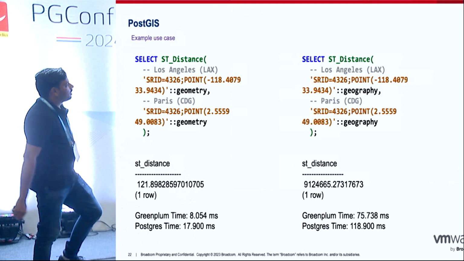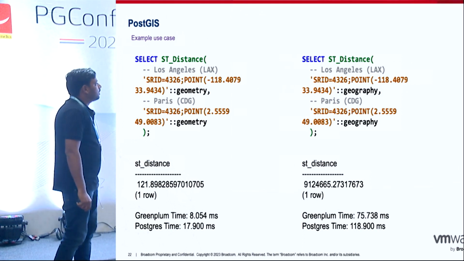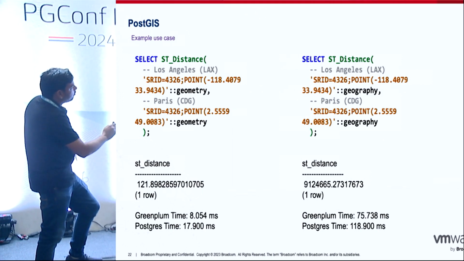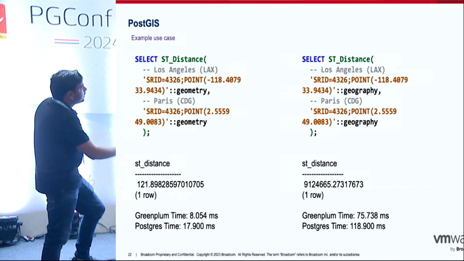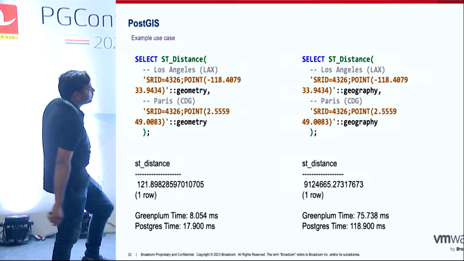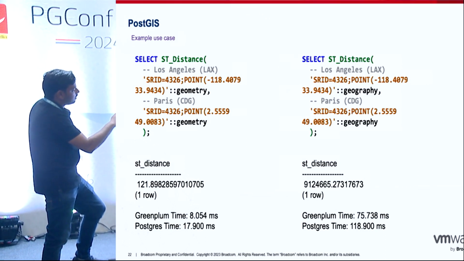On the right hand side, we are finding the actual distance in meters between those 2 points. You can see that both the queries are the same. The only difference is in data types. On the left side we are using geometry, and on the right side we are using geography. And this gives the distance output in meters.